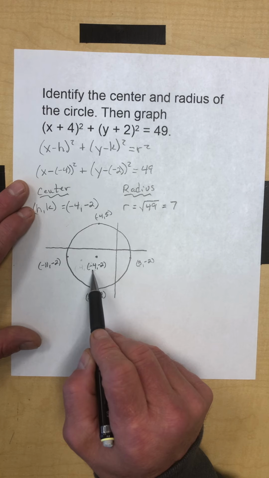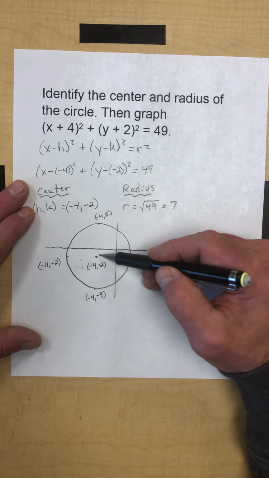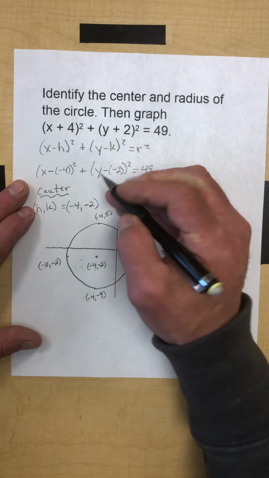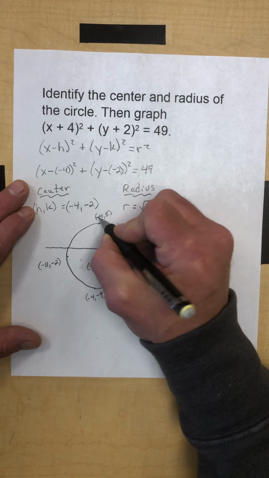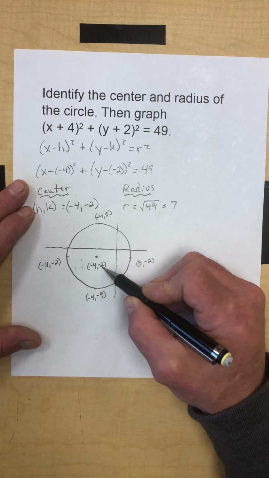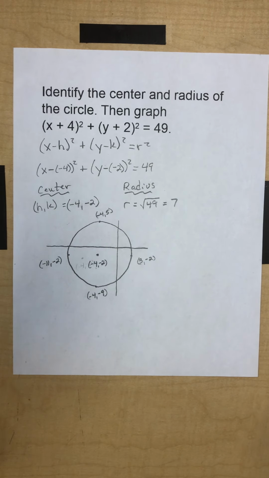If I go 7 to the left, I'd subtract 7 from negative 4, so that's negative 11, negative 2. If I go 7 up, I'd add 7 to the y-coordinate, so negative 2 plus 7 is 5, so negative 4, 5. Make sure I got that negative sign there. And if I go down 7, I'd subtract 7 from negative 2, so that takes me down to negative 9. We're in good shape.